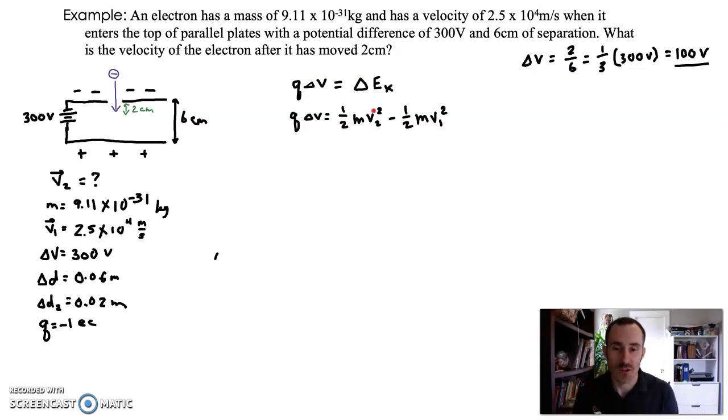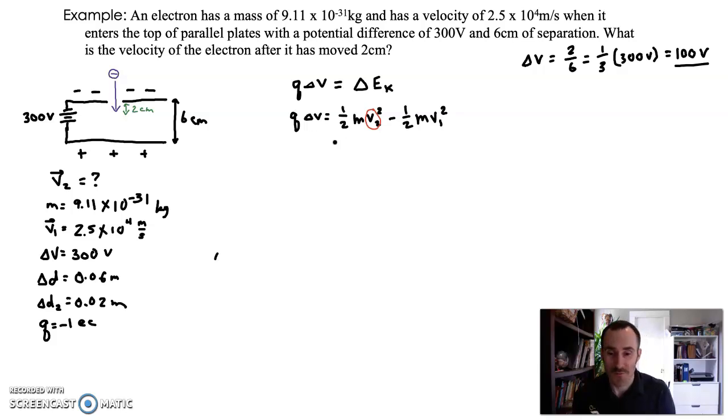This is the thing we're trying to get. And so we need to do some rearranging here. Now this is not the smoothest algebra that's ever going to be done. It's not going to be the most beautiful or elegant, but here we go. We need to add half mv1 squared to both sides. Then we need to multiply by 2. Then we need to divide by mass. Then we need to square root it.